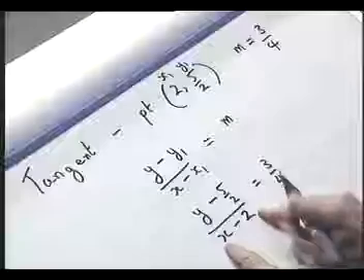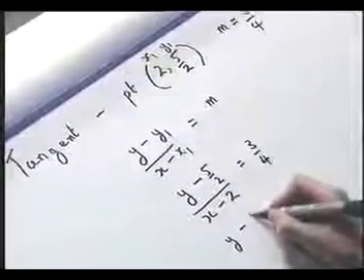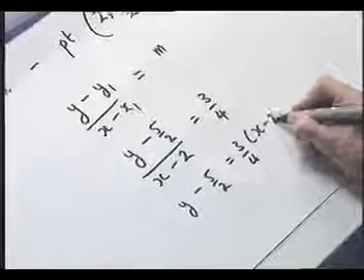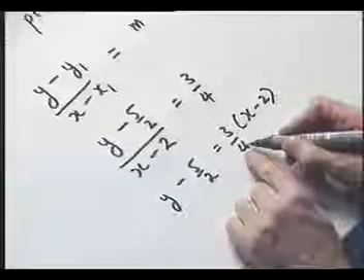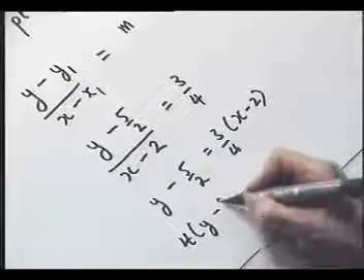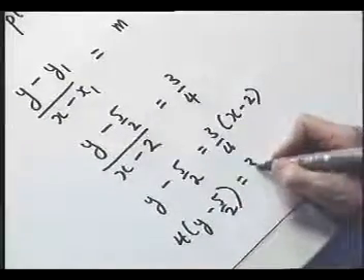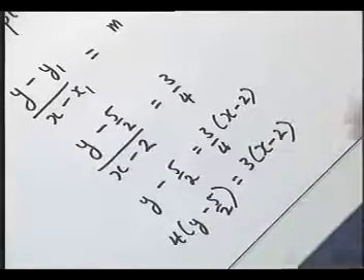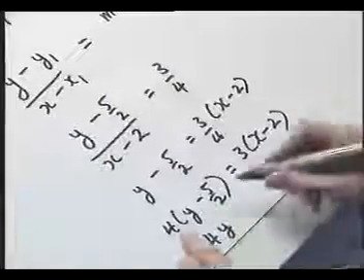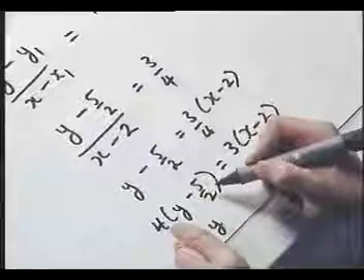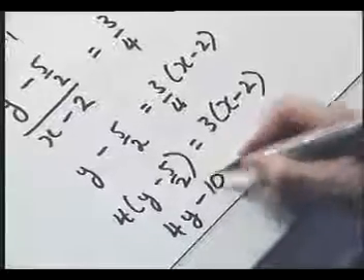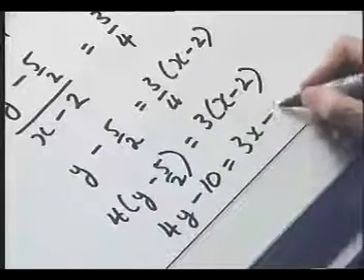Let me multiply both sides by x minus 2. And then let's multiply both sides by this 4. And now if I multiply out the brackets, 4y, now 4 times minus 5 over 2. 4 times 5 is 20, divided by 2 is 10, and then the minus sign, minus 10, equals 3x minus 6.